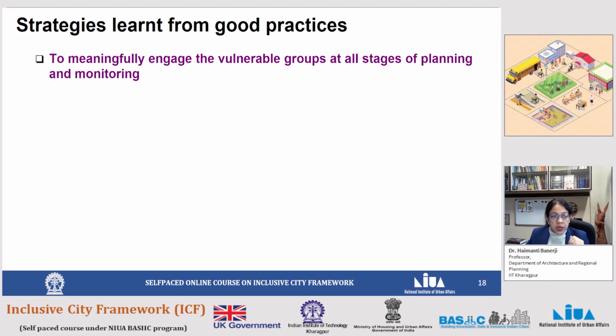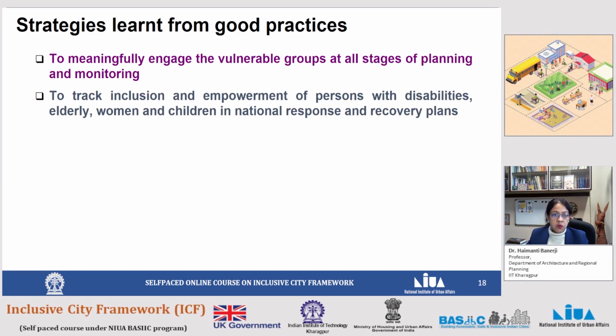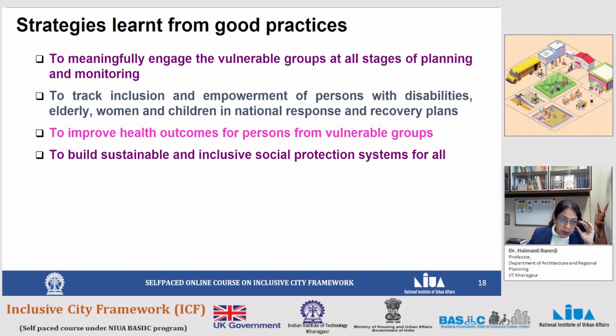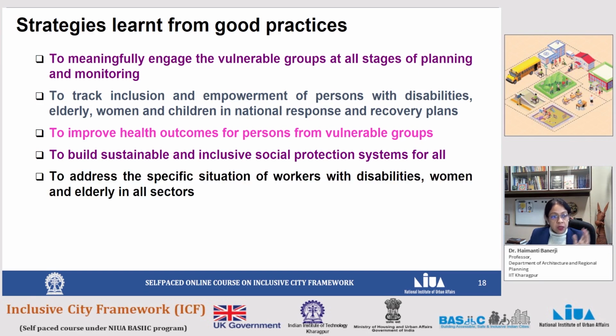These include to meaningfully engage the vulnerable groups at all stages of planning and monitoring, to track inclusion and empowerment of persons with disability, elderly, women and children in national response and recovery plans, to improve health outcomes for persons from vulnerable groups, to build sustainable and inclusive social protection system for all, to address the specific situation of workers with disabilities, women and elderly in all sectors, to invest in community-based solutions, to initiate multi-sectoral dialogue and collaboration.